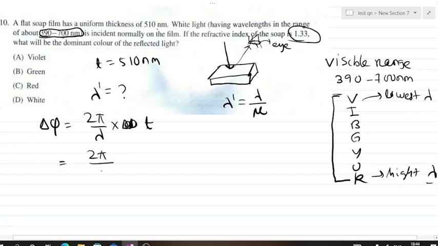So 2 pi by lambda into mu into T. So 2 pi by the given lambda, 510 nanometer, into 1.33, and the thickness is... there is no given wavelength.